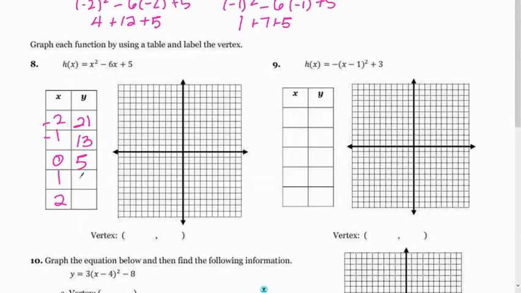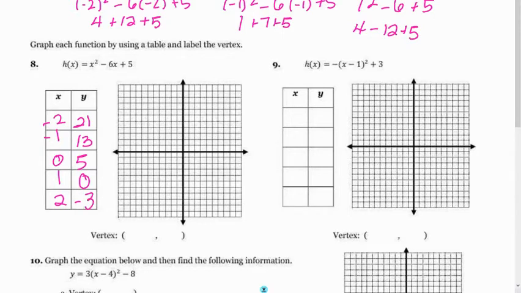If I plug in 1, I get 1 squared minus 6 plus 5. So 1 minus 6 is negative 5 plus 5 is 0. If I plug in 2, I get 4 minus 12 plus 5. So negative 8 plus 5, negative 3.